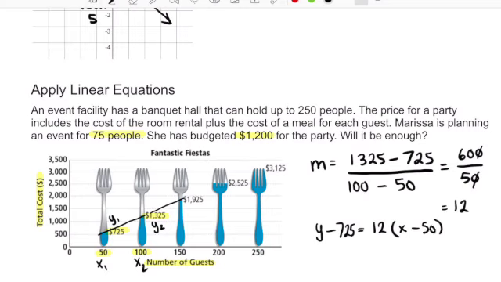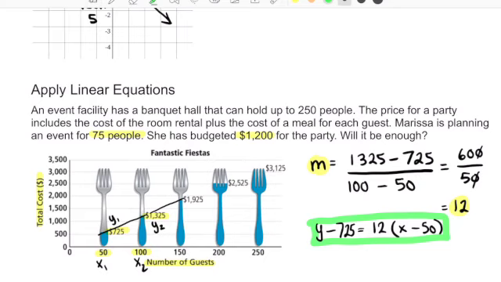So we have slope is 12, and we have the point slope form, y minus 725 equals 12 parentheses x minus 50.